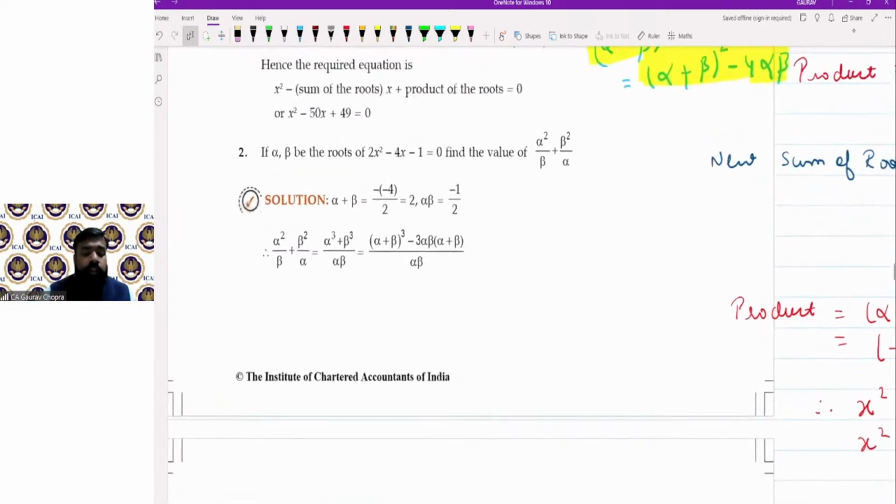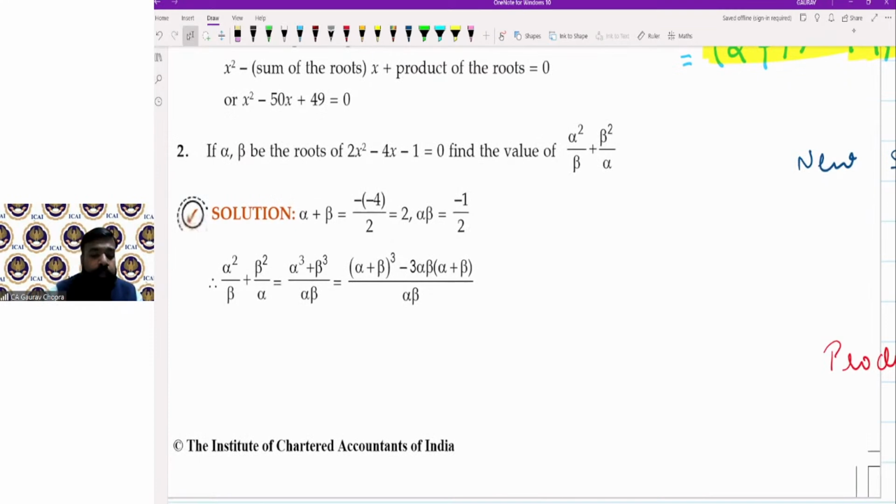तो always the first step is find out the sum and product from the given equation. So from this given equation, we are writing sum. Sum is minus b upon a. So minus of -4 upon a is 2.